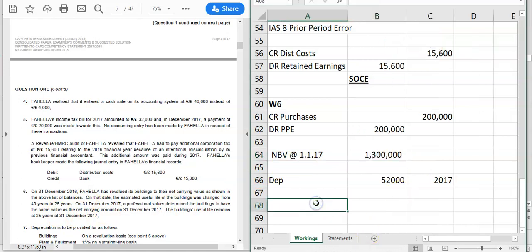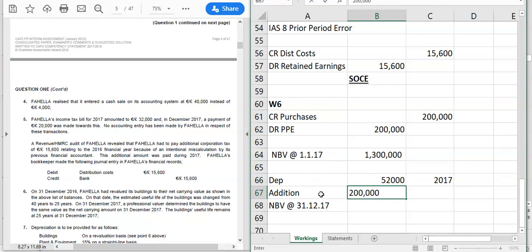So then the net book value at the 31st of the 12th of 17, right? That is going to be here. You have your net book value from last year, take off your depreciation, but just be careful now, you have the addition as well. You're going to add in the 200,000, which we had above.